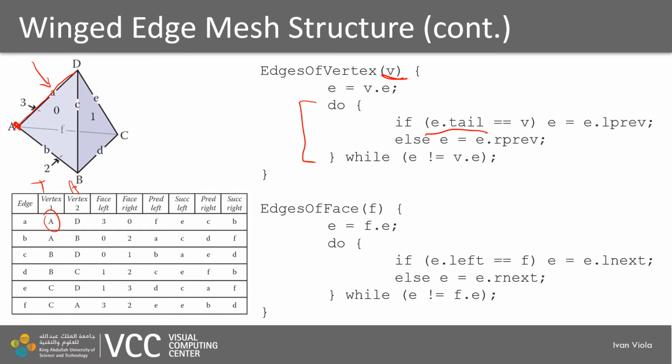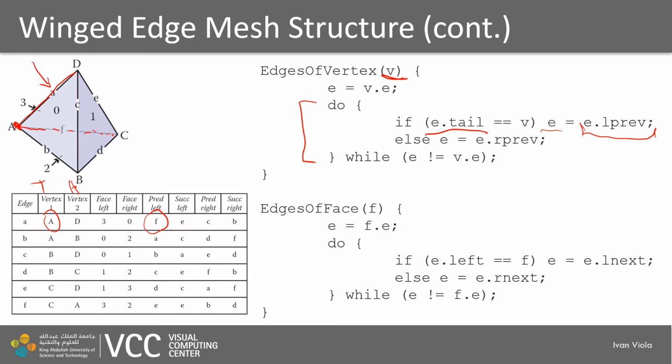Therefore, our next edge, which contains A, is stored in the left predecessor. So the left predecessor will be F, and that's true. This edge certainly contains A. So we have done that, and now our current edge is F.